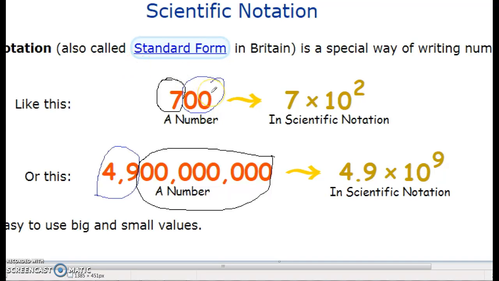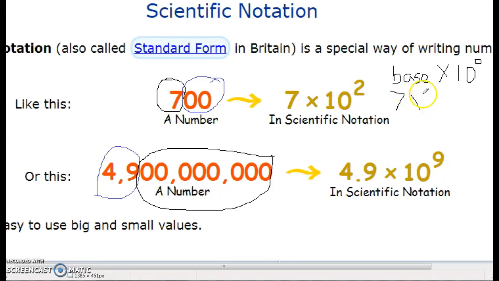The way scientific notation works is there can only be one base number. So you're going to have a base number, write that down, and it's going to be multiplied by 10, always 10, to an exponent of some sort. For this first number, our base is 7, because that's the only number that's not a 0.